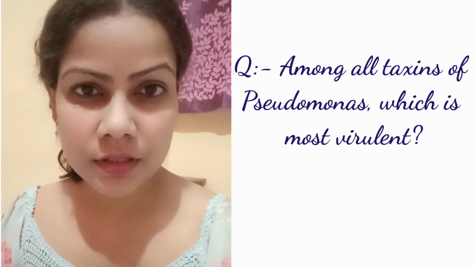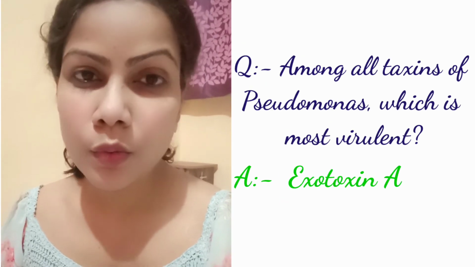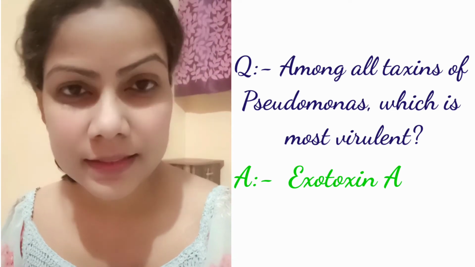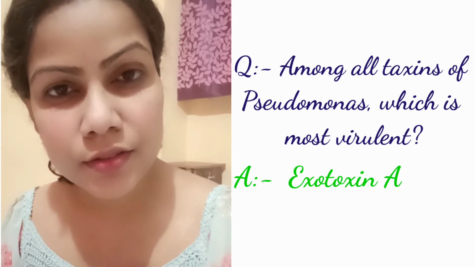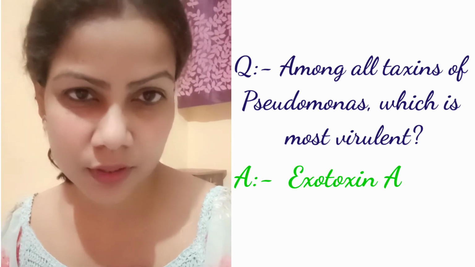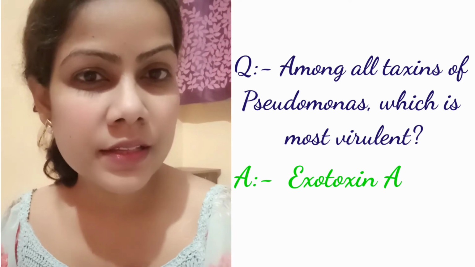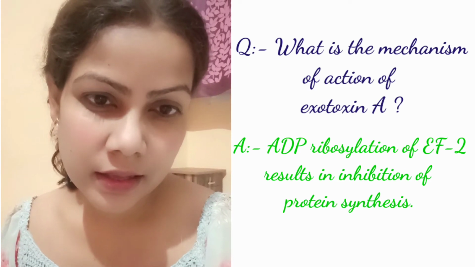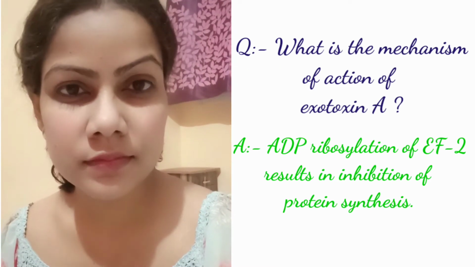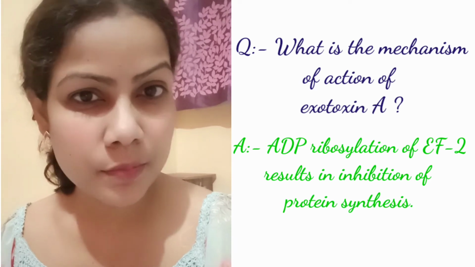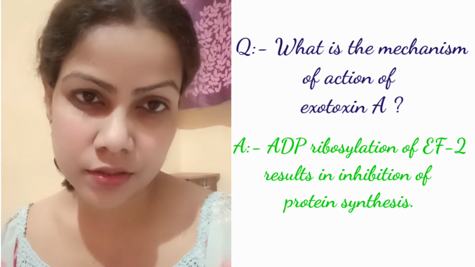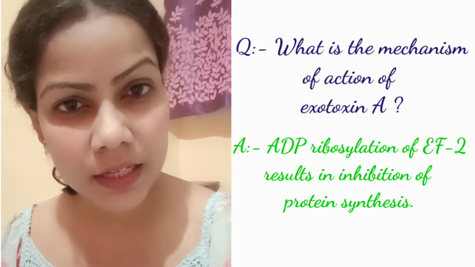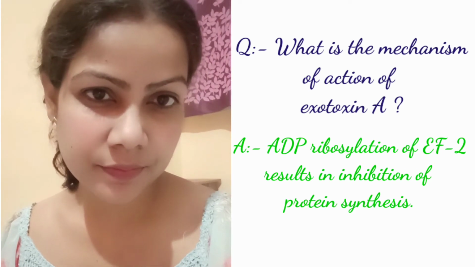Next question is, among these toxins, what is the most virulent toxin? Then the answer should be exotoxin A. Exotoxin A is the most virulent toxin of Pseudomonas. Next is, what is the mechanism of action of exotoxin A? Then the answer should be, it acts by ADP ribosylation of elongation factor 2 that leads to inhibition of protein synthesis.